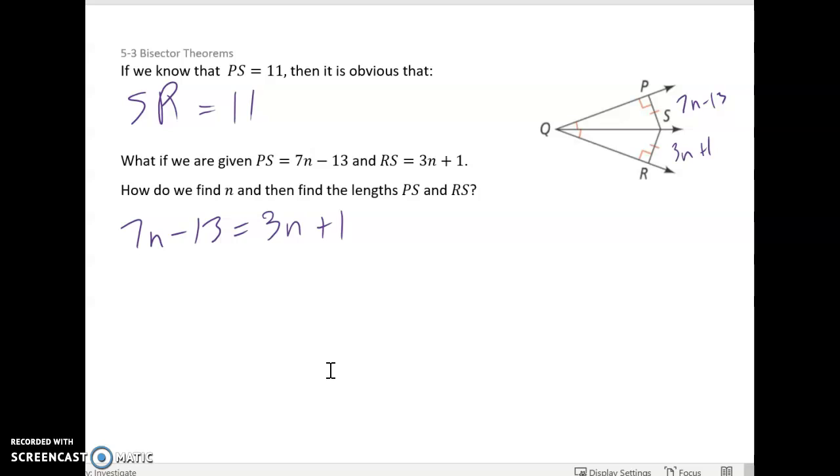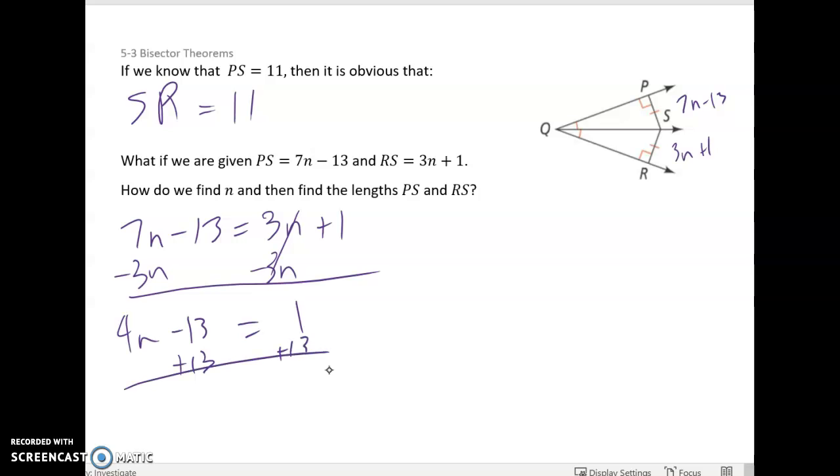So I always want to set up an equation with these bisector types of problems. That's what I want to do. Okay? I'll subtract 3n on both sides. Alright? Cancels out. So I have 4n minus 13 equals 1. Then I would add 13 to both sides. And I end up with 4n is equal to 14.